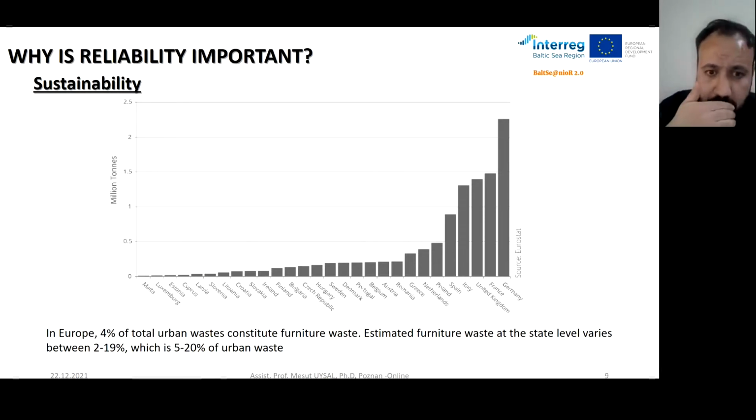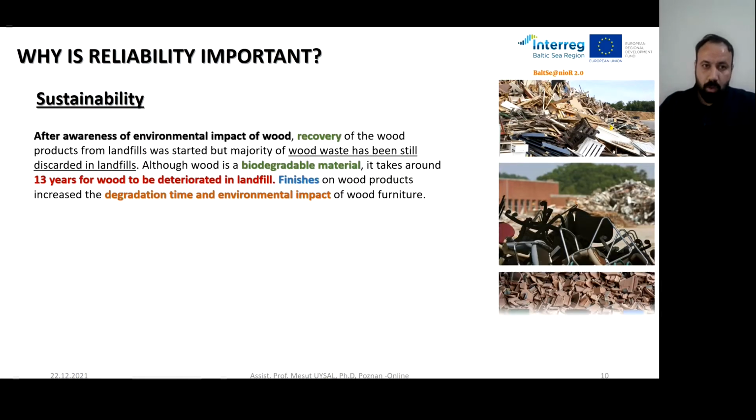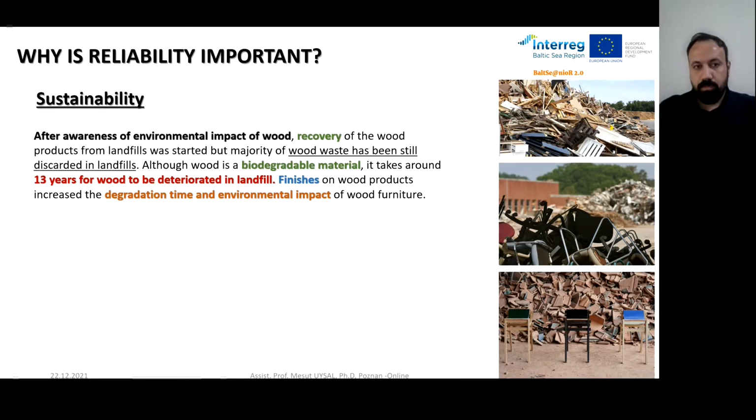Also, if we increase awareness of the environmental impact of wood, we can call the furniture for reusability, remanufacturing, or recyclability. It's okay, we can do that.